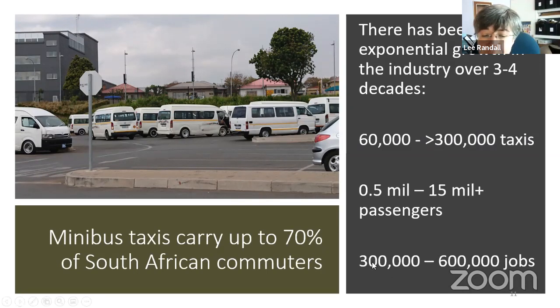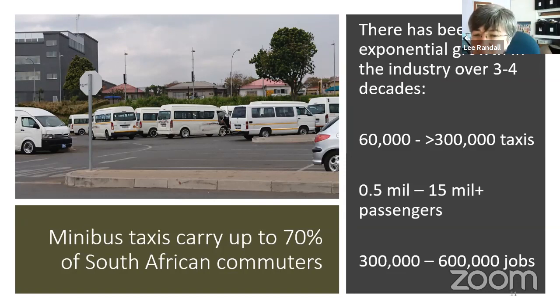We've gone from perhaps 300,000 jobs directly or indirectly connected to the industry to a much more significant number of jobs. And I would argue that it's probably higher than the 600,000, which are shown here, once you take into account the rank mamas, the hawkers, and the other peripheral jobs like car washers. The fact is that around South Africa, minibus taxis carry up to 70% of South African commuters.